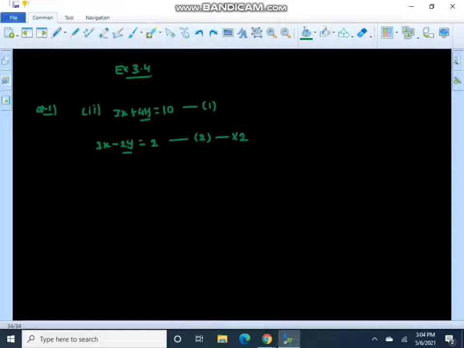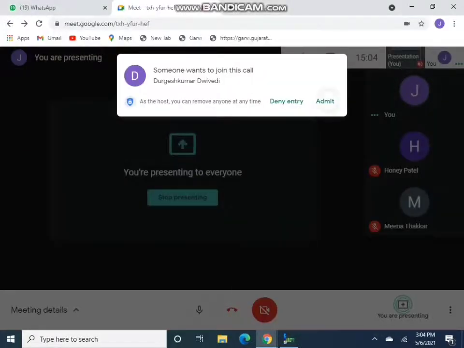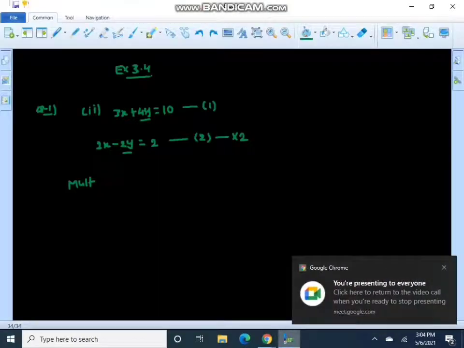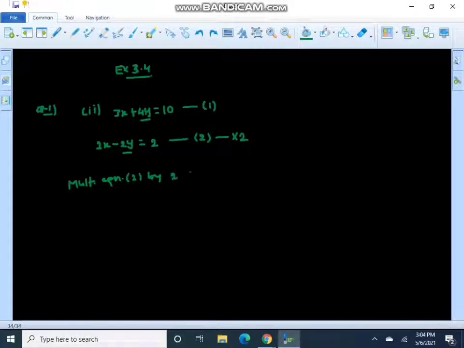So multiplying equation 2 by 2 and solving equation 1 and 2. Okay, so we have first equation, that is 3x plus 4y is equal to 10.